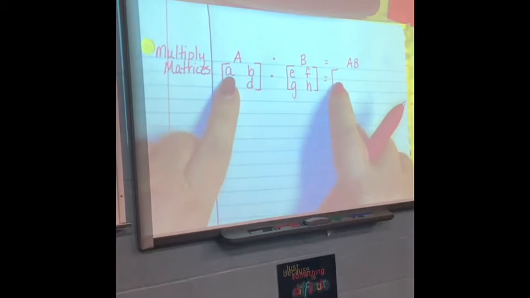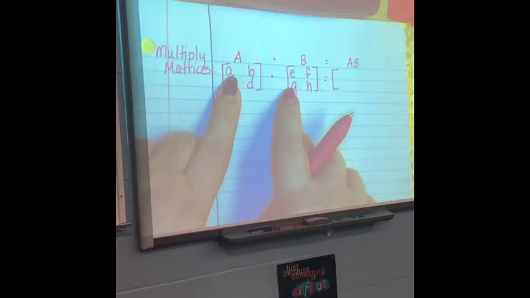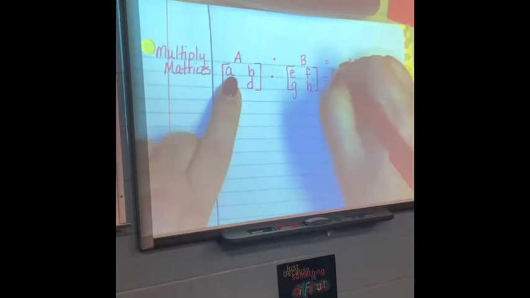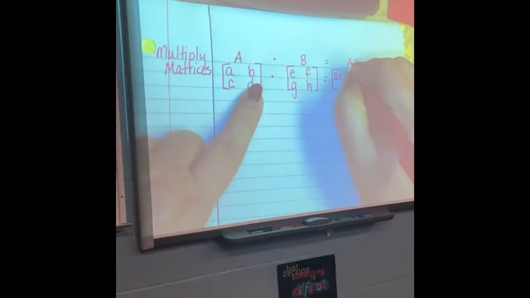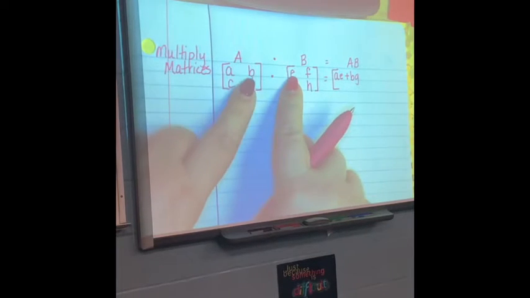This first position is going to be row 1 and column 1. AE plus BG. A times E plus B times G. Okay?